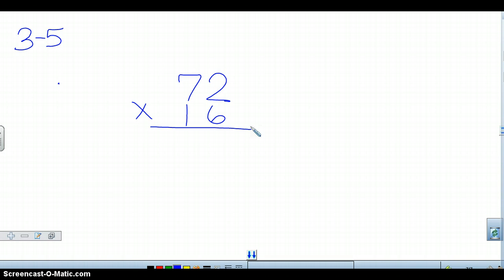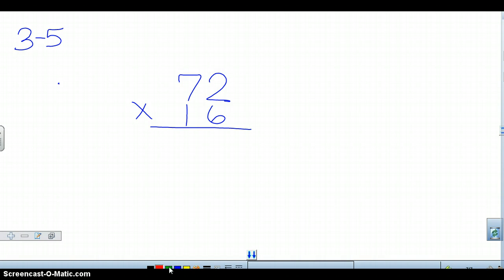The most common things here and why we get them wrong are because of silly little errors, mistakes. Forgetting to add a number that we had to regroup at the top, forgetting to put that 0 in the second partial product, or not adding correctly, okay? Silly mistakes. So here we go, let's just work this one together.